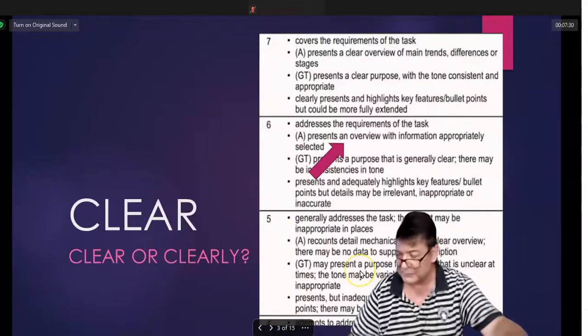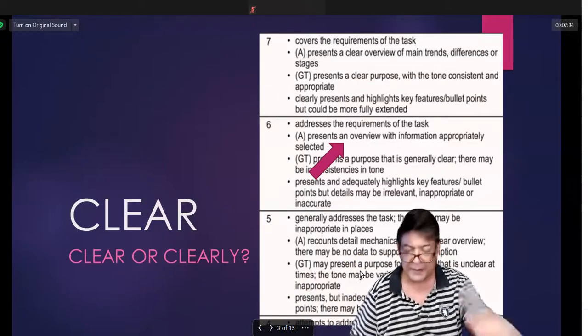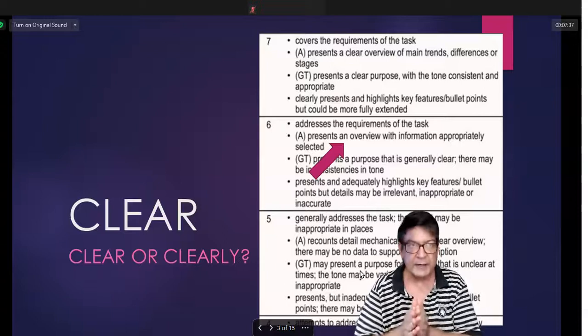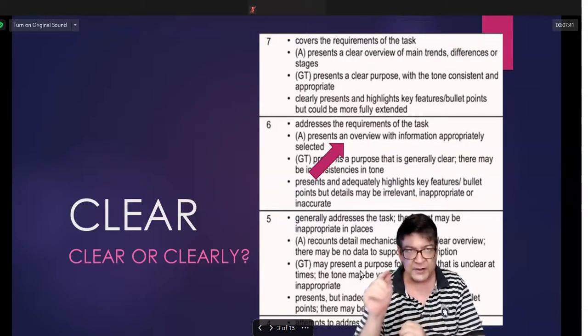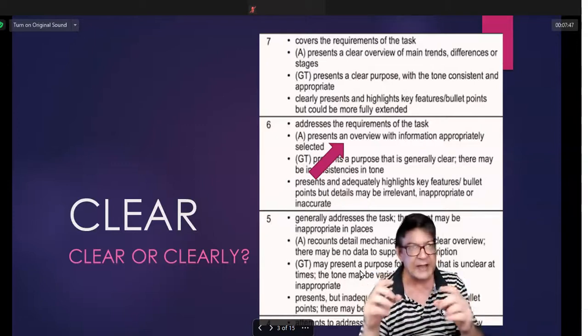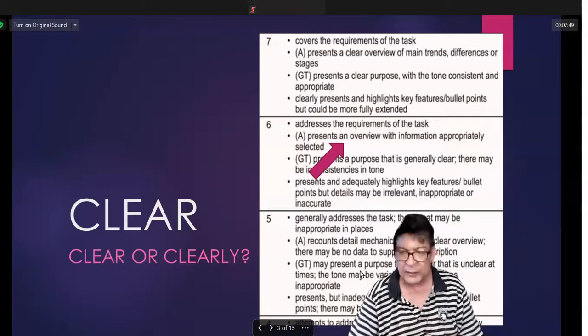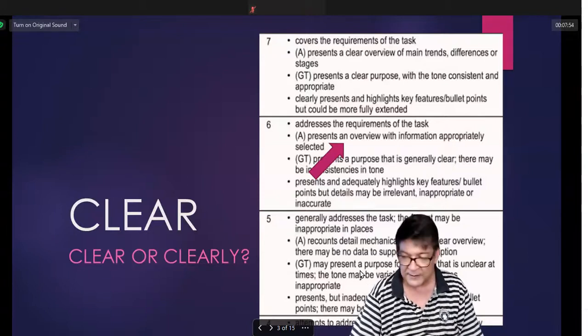Okay, clear. Now, this causes some confusion because do they mean that the writing needs to be clear? Or is this clearly the overview? Or is the overview someplace else? Does this stand out? Does it actually say that it is the overview by saying things like overall?